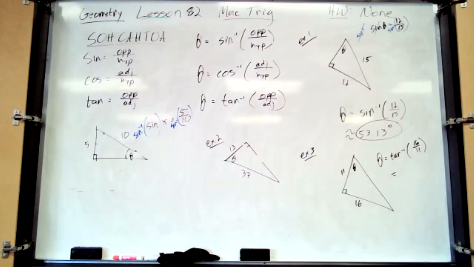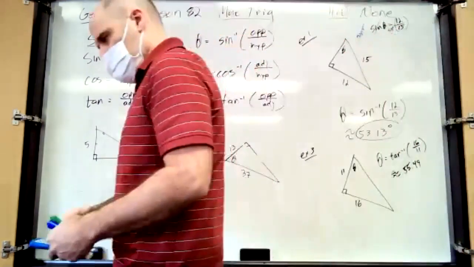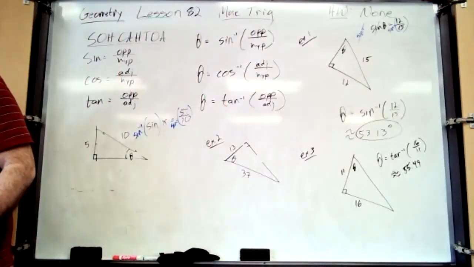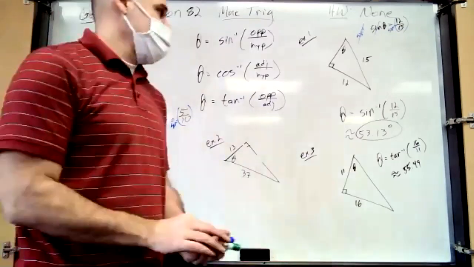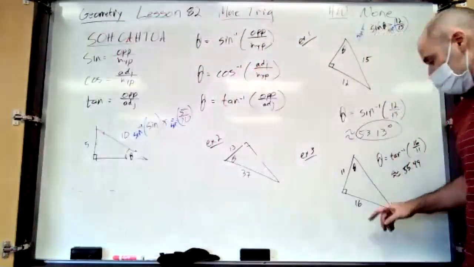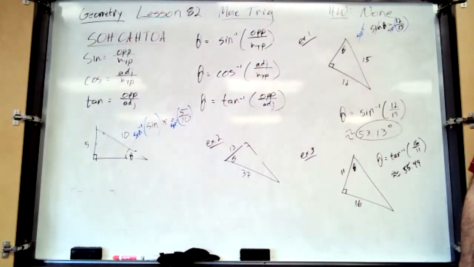And then when you plug that into your calculator, you get approximately 55.49. Is that what you said? Okay, good. You guys see what you did wrong? Yeah. So it's all about picking the right inverse function. The way you pick that is you have to figure out what side you're given.